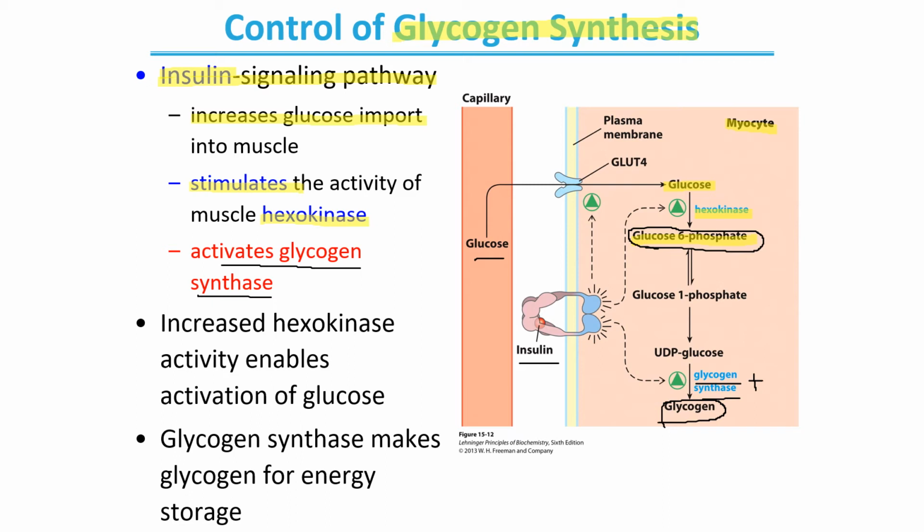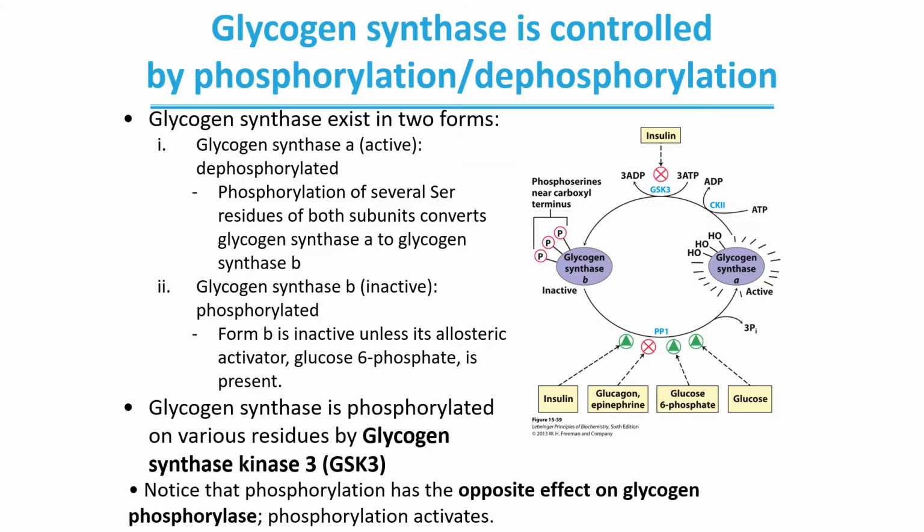Therefore, when you are not eating, we can break down this glycogen and use these molecules for energy purposes. So that is the direct control of insulin over glycogen synthesis. In a nutshell, it does these three functions and increases the synthesis of glycogen molecules because there is plenty of extra glucose available at this time.